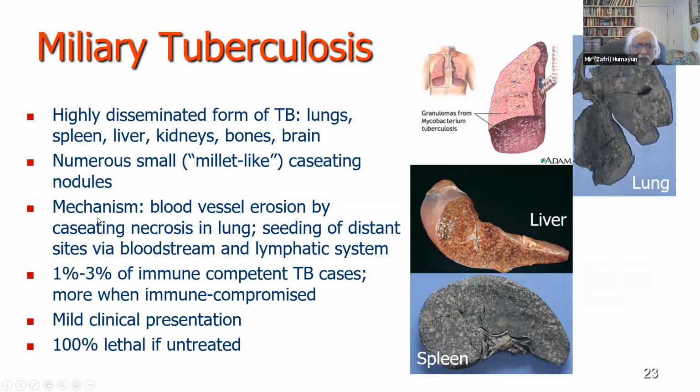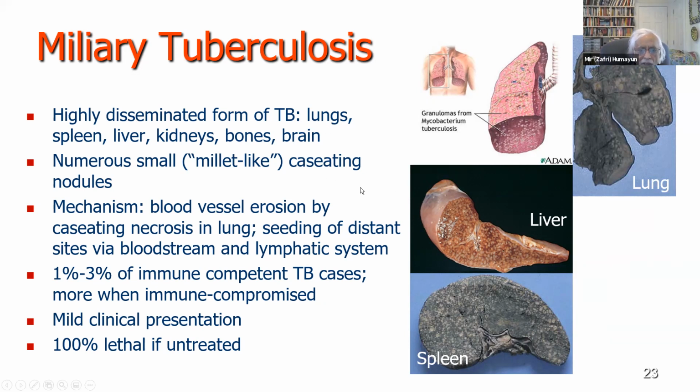In a small fraction of patients, pulmonary tuberculosis can spread throughout the body to different tissues. When that happens, that kind of tuberculosis is called miliary tuberculosis because of the presence of a large number of small tuberculous lesions scattered throughout different tissues in the host. This is a highly disseminated form of TB.